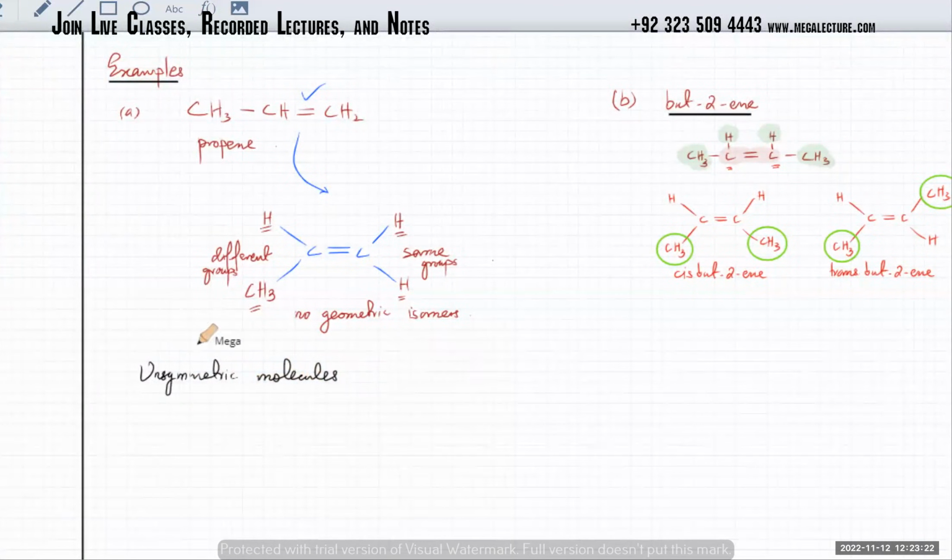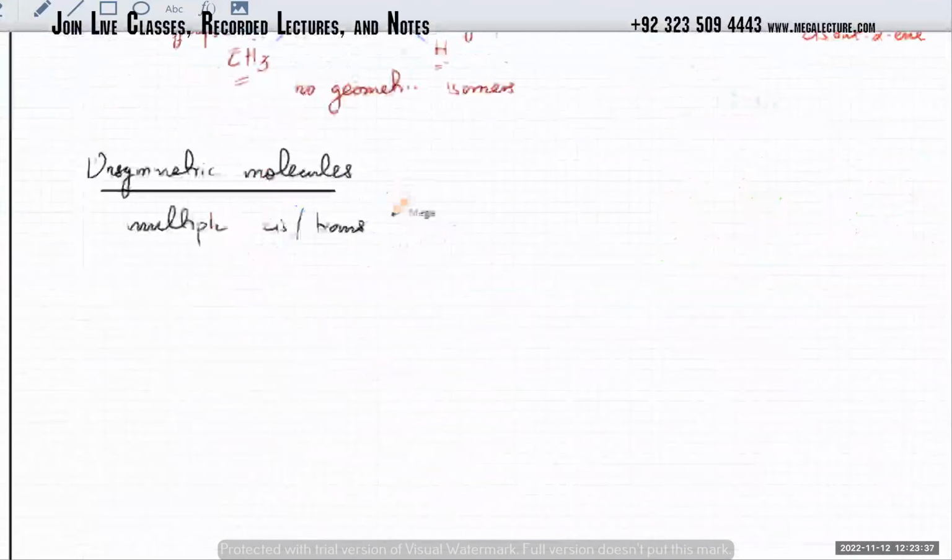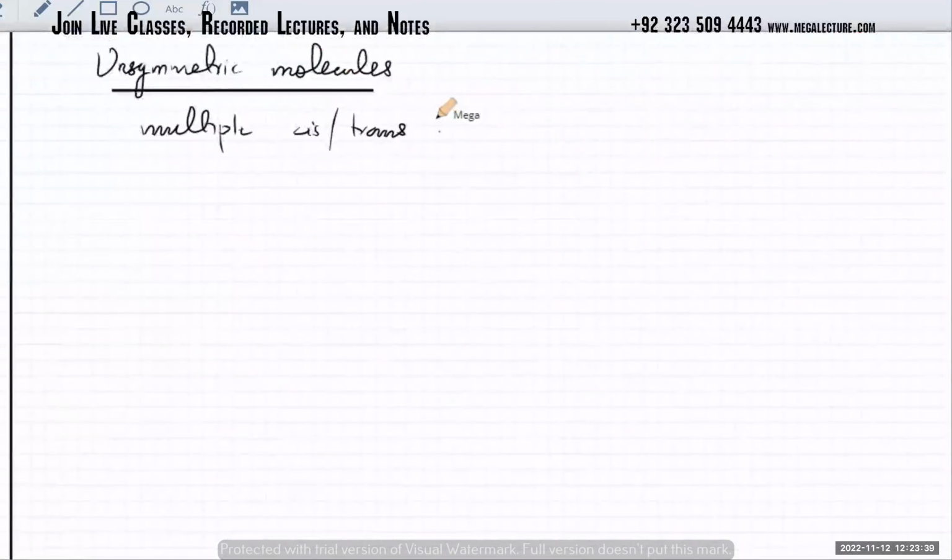So if I have an unsymmetric molecule and I have multiple cis-trans arrangements, how many total geometric isomers will I have?